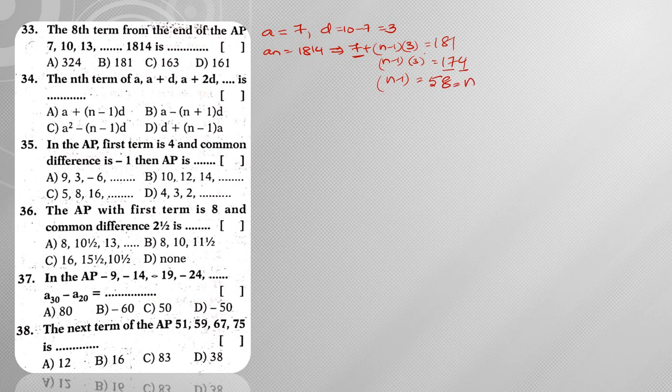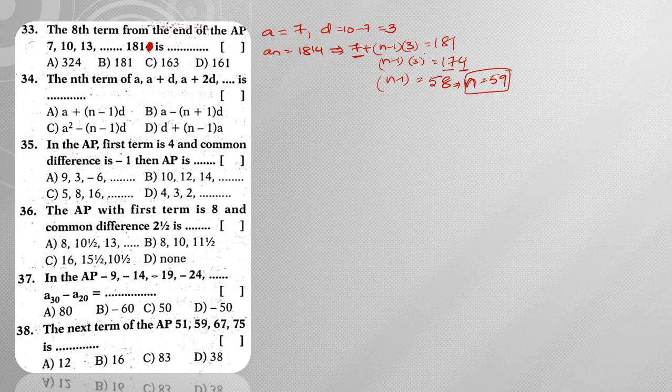Now from this, what is the value of n? So n is equal to 59. So there are totally 59 terms in this series. So here I have considered this as 181. Now since n is equal to 59, he is asking for the eighth term from the end.